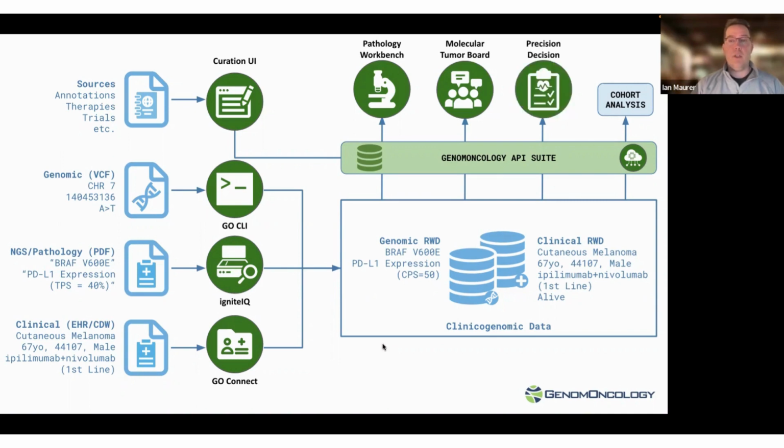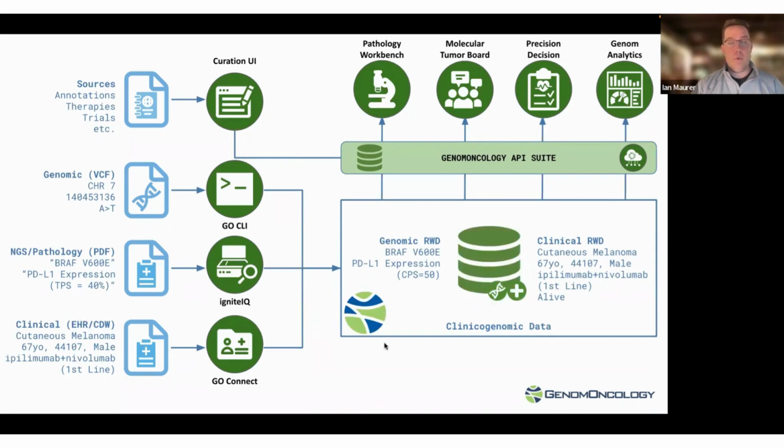Precision Decision allows for treating oncologists to look at a patient in the context of their disease and find relevant trials and therapies, but it also allows for the alerting of new rules or new therapies or trials that have become available for their patients, and then also to help with clinical trial feasibility analysis and clinical trial enrollment and recruitment. And then Genome Analytics, which is our big data platform that has visualization and dashboarding capabilities.